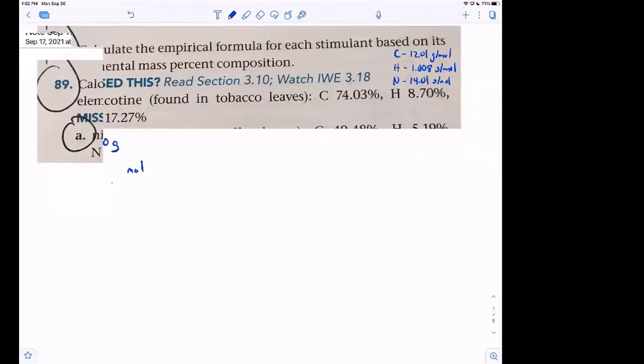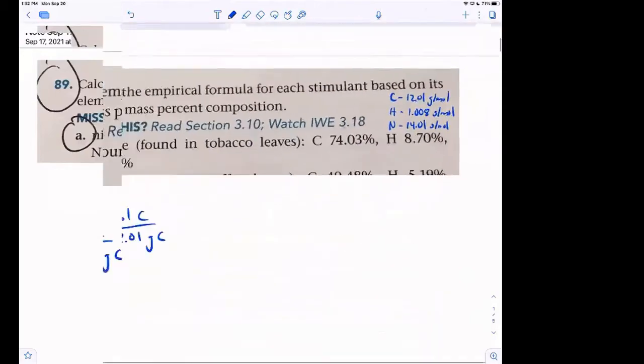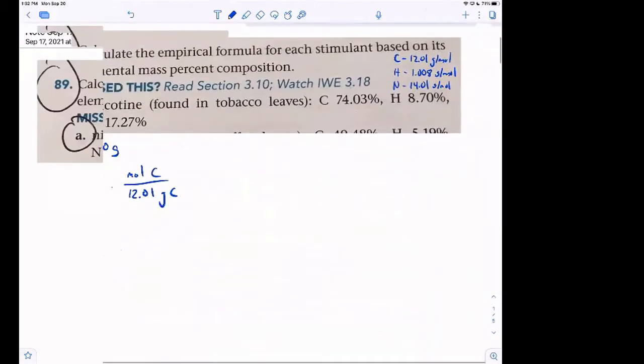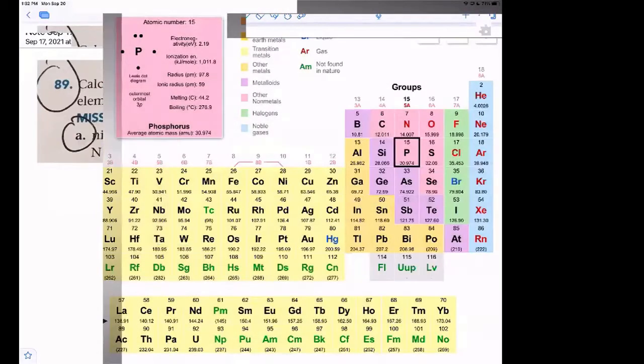Convert to moles: mole carbon per 12.01 grams carbon. I'm getting this number from the periodic table; it's the number on the bottom.